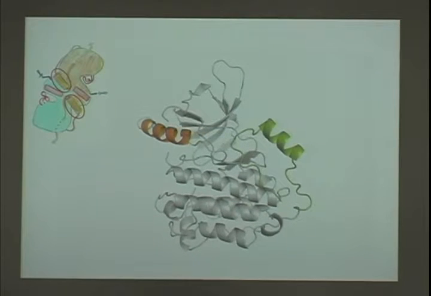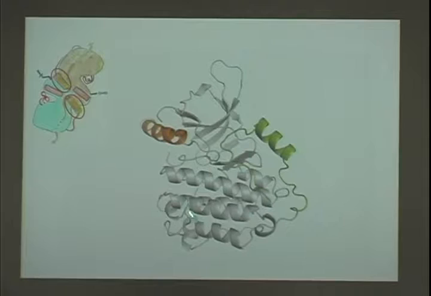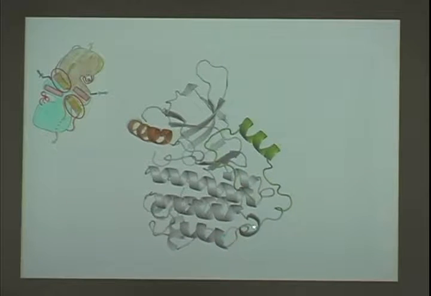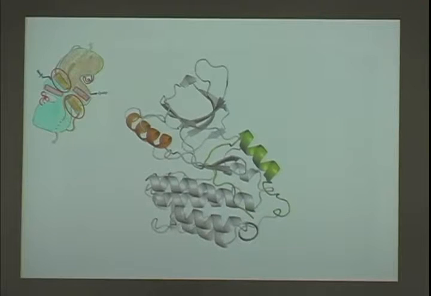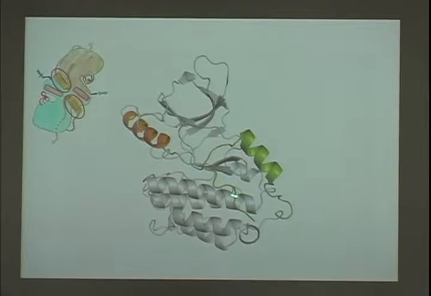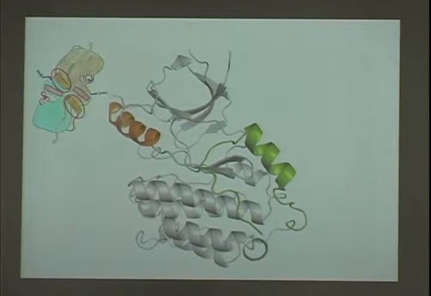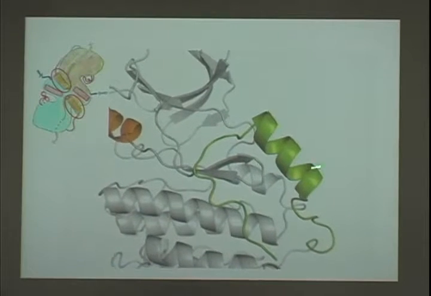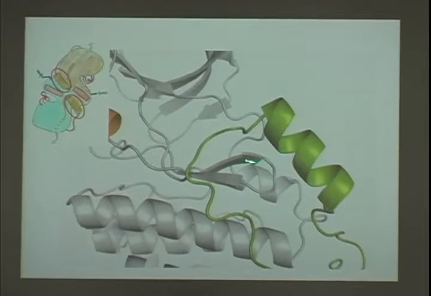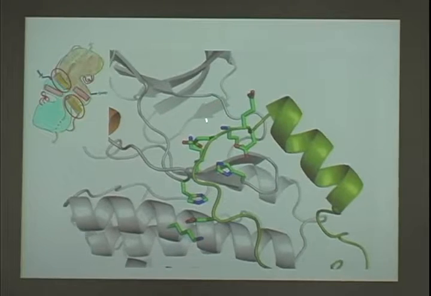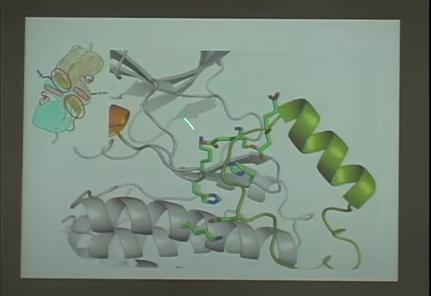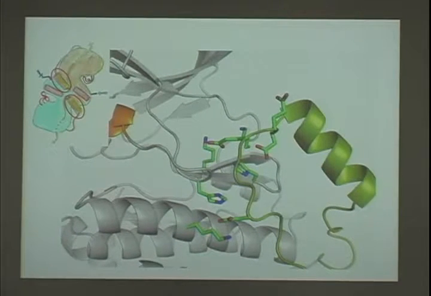So here's the structure on which that's based. And if you look at it a little closer in this animation, what you find is that the C-terminus forms the alpha helix that contacts the other kinase domain and then makes a turn and comes down. This turn is positioned near a site which we're very familiar with in the kinase field: the back of the hinge region, the alpha C beta 4 turn, and the hinge region of the kinase.